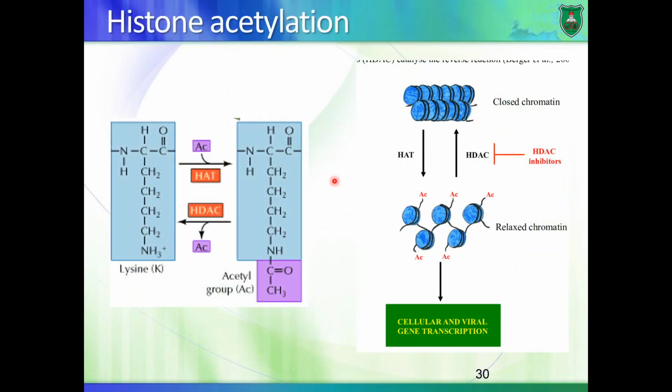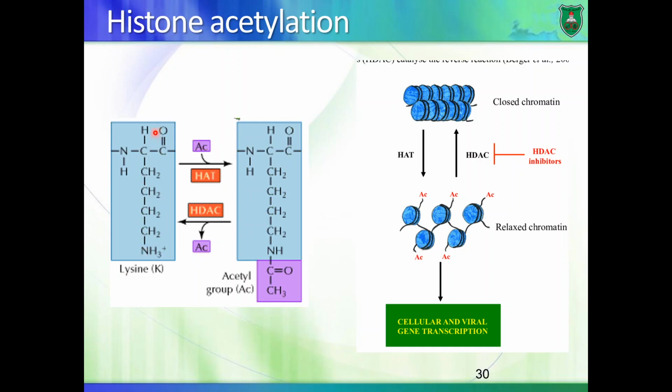Okay, so what do we mean by chemical modification of histones? Well, one type of modification is acetylation. That is the addition of an acetyl group, which is right here. This is an acetyl group. And this acetyl group is added to an amino acid that is found in abundance, that is, in large quantities in histones.